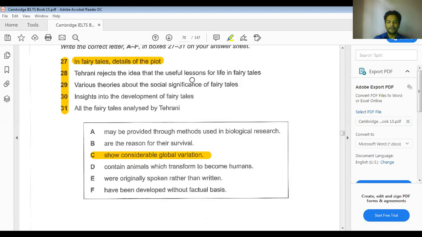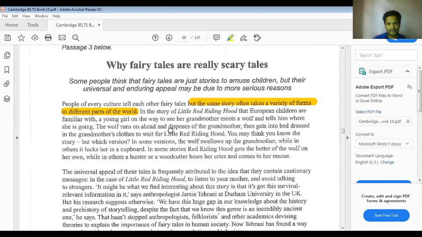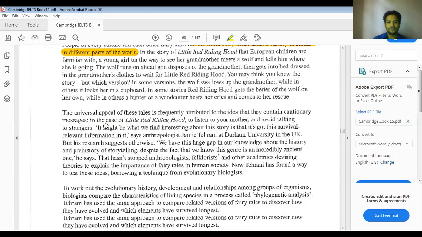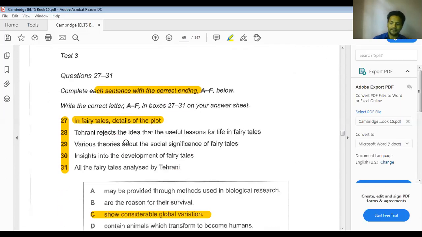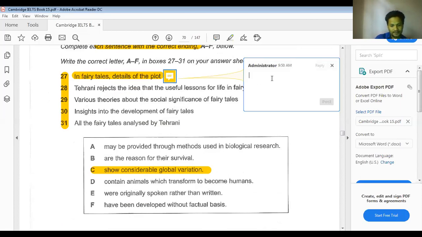Considerable global variation means they are different in different parts. Variety of forms in different parts of the world. World means global. That's fantastic. Now we have got the very first answer. So the answer for question number 27 is C. That's great.